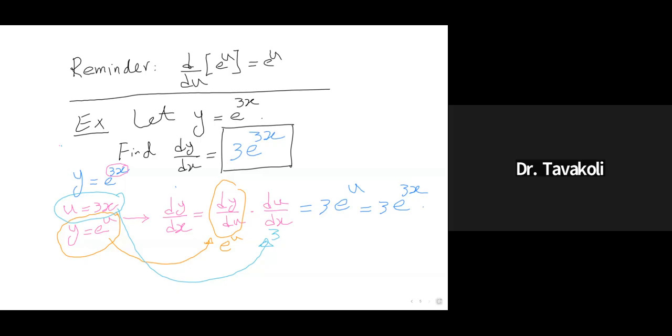Okay, let's try another example. In the next example, we have an exponential function, but the base instead of e is some other number. In this example, 10 to the power of x.